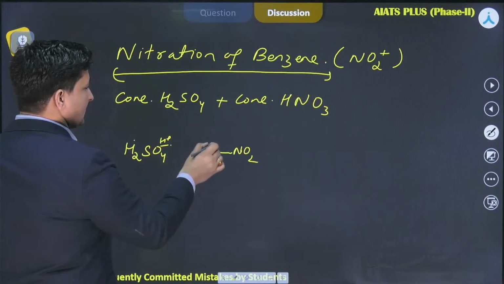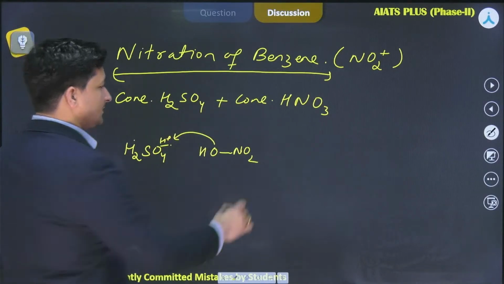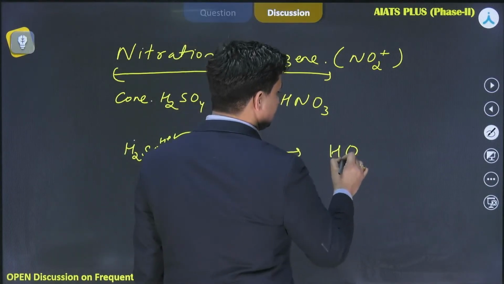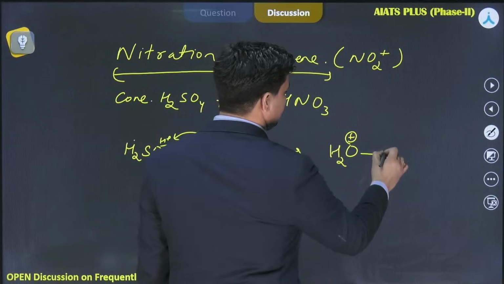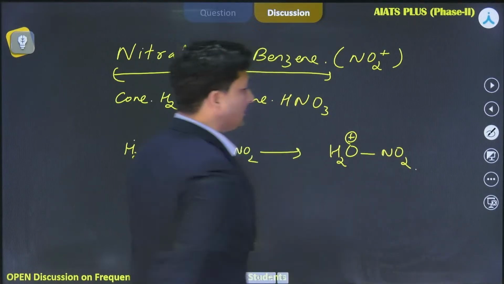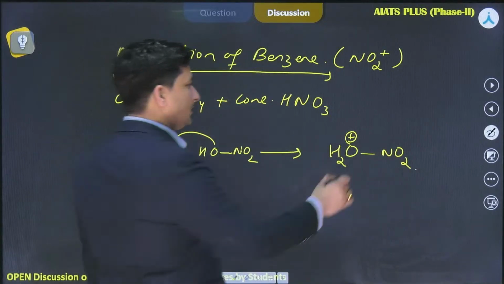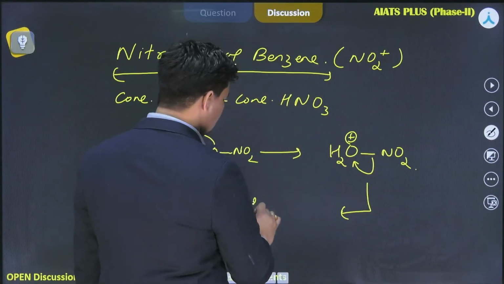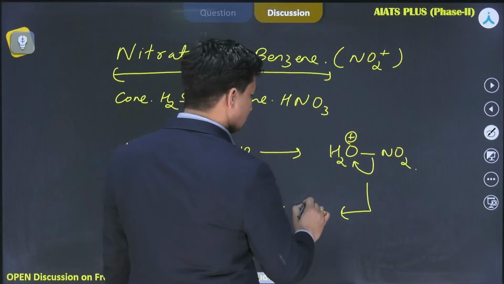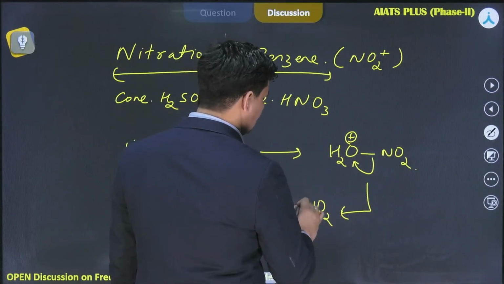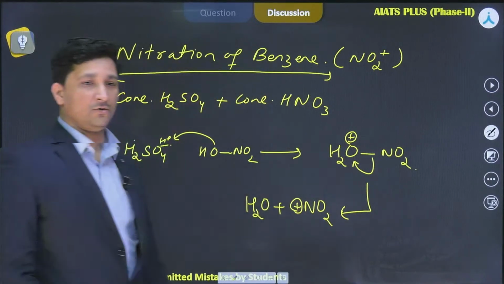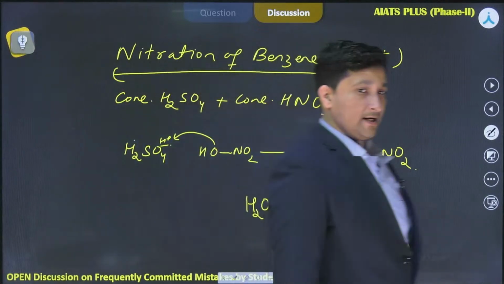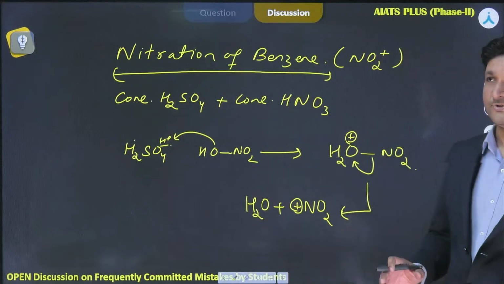This H plus will form a bond with the OH of HO-NO2, and it will ultimately form H2O plus NO2, and this will again lead to the formation of NO2 plus. So this is how we get NO2 plus during nitration, in the electrophilic substitution reactions of aromatic compounds.